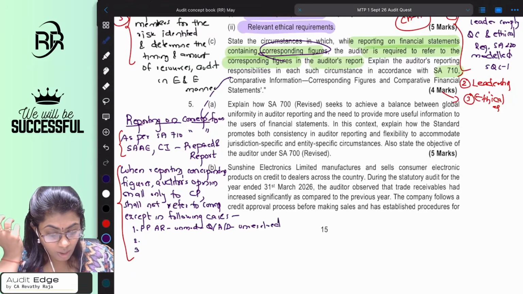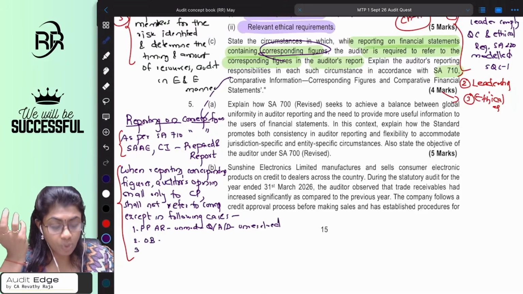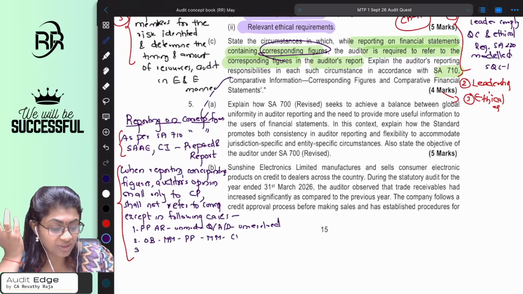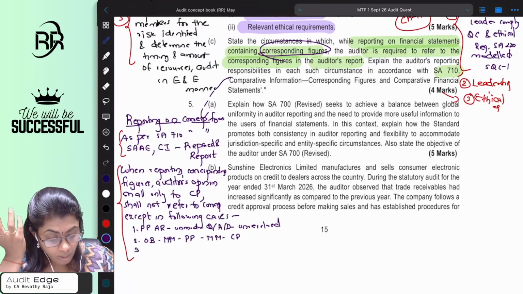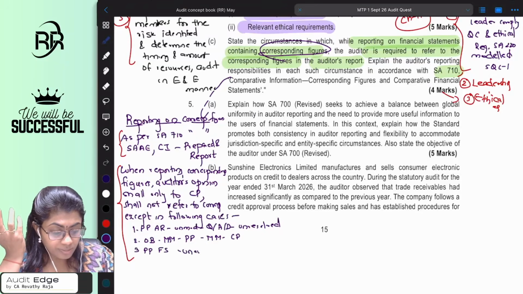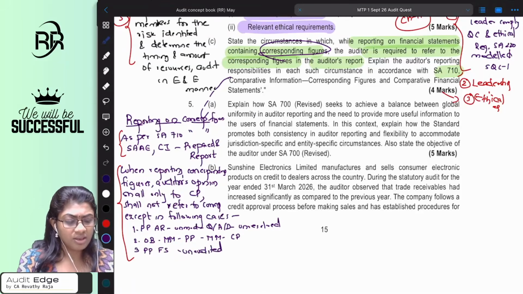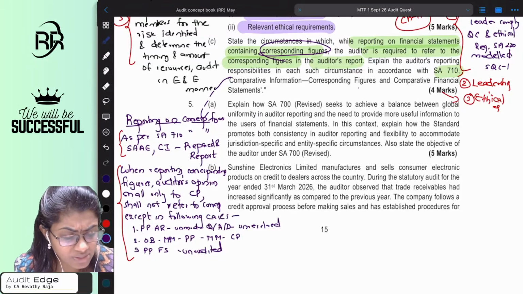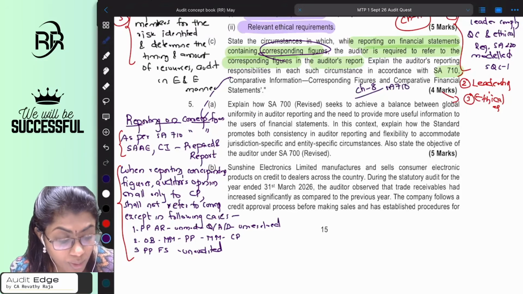Second, the auditor obtains sufficient appropriate evidence that the opening balance contains a material misstatement, or the prior period contains a material misstatement which affects the current period. Third, the prior period FS are unaudited. These three cases you have to explain. So that's it. That's a very direct question. This is with respect to chapter number 8, SA 710, audit report.